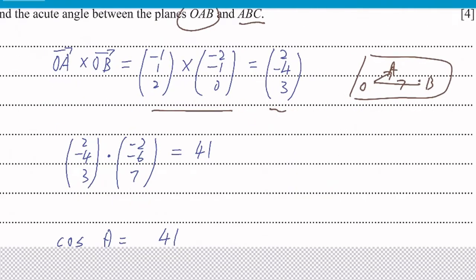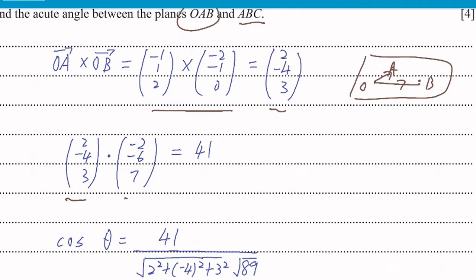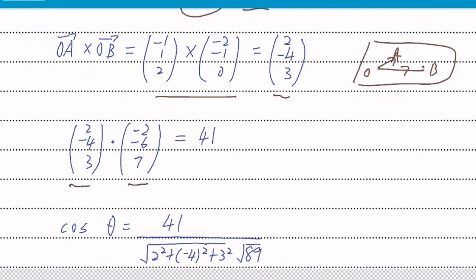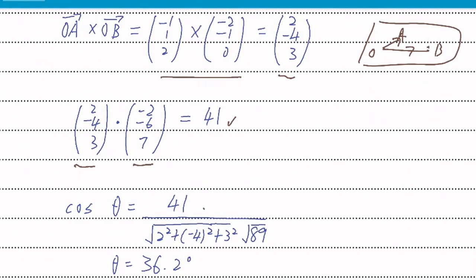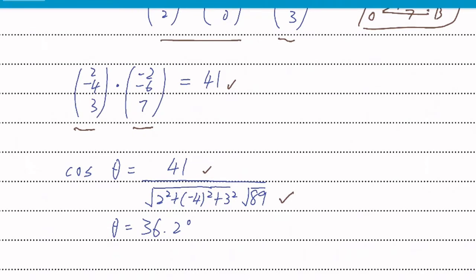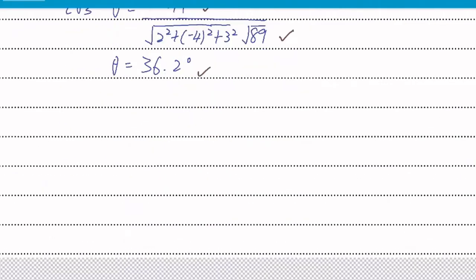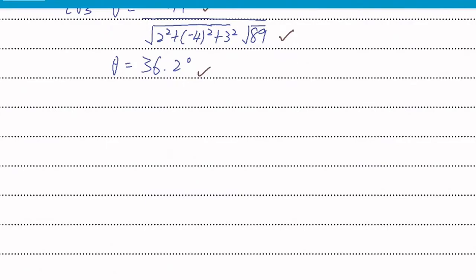So after that, we have the normal from the first plane and the normal from the second plane. We just have to do the dot product: 41 divided by the magnitude of each normal, and solve for theta. So theta gives us 36.2. Okay, so for this vector question, it's actually nothing very special.